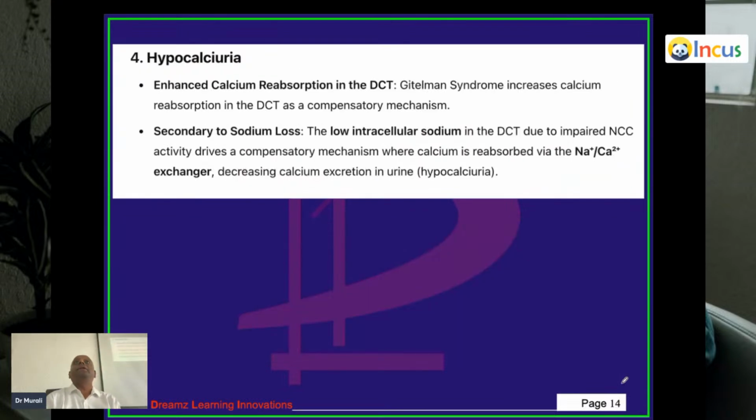Now, why is there a hypocalciuria? Why is there a hypocalciuria? The sodium chloride co-transporter is in the distal convoluted tubule, no?